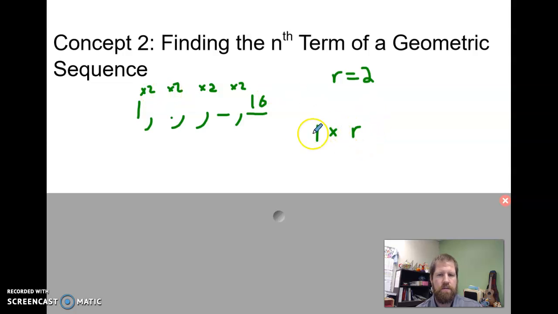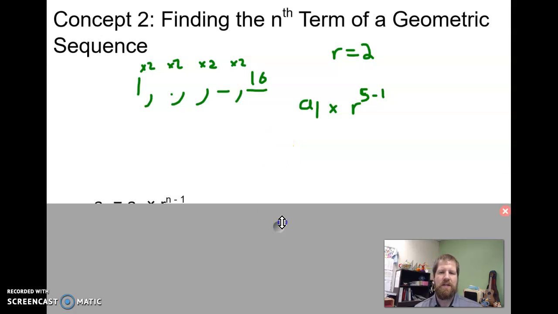My starting term, a1, is multiplied by my ratio, and how many times do I have my ratio? I have 1, 2, 3, 4 common ratios when I'm looking for my fifth term, so it's going to be my fifth term minus 1.